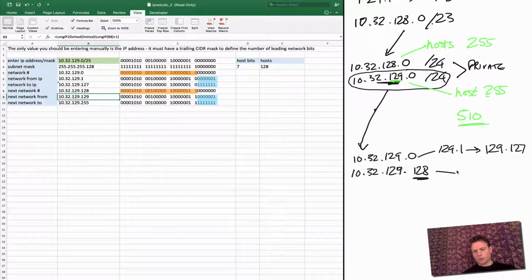and then the next subnet goes from 129.129, because 129.128 is reserved for the network number, and it goes up to 129.255.